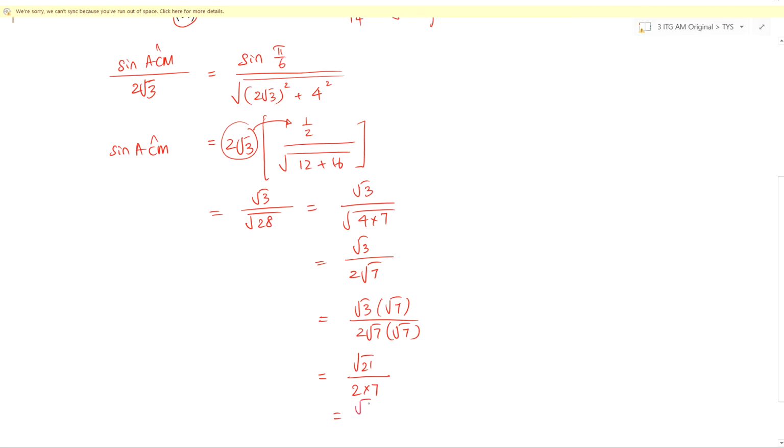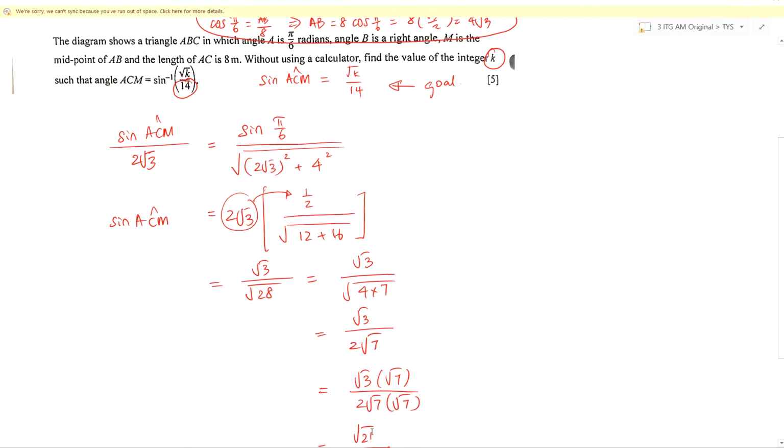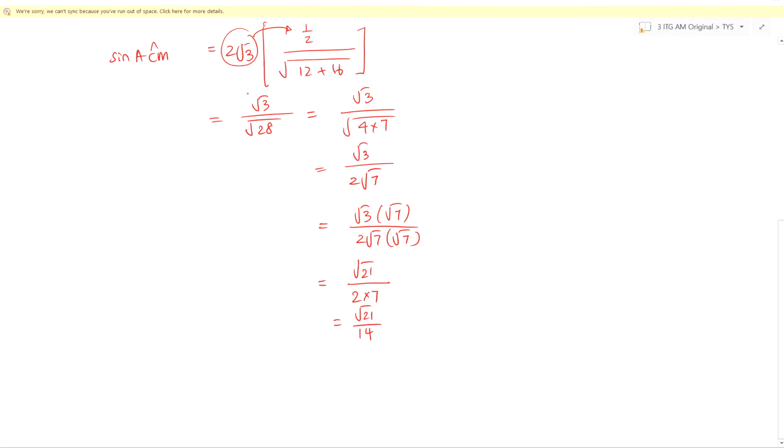So the final answer will be square root of 21 over 14. And this is the form that they want. Sine of the angle equals root k over 14. So from here on, we have angle ACM equals sine inverse root 21 over 14, and k must be equal to 21.